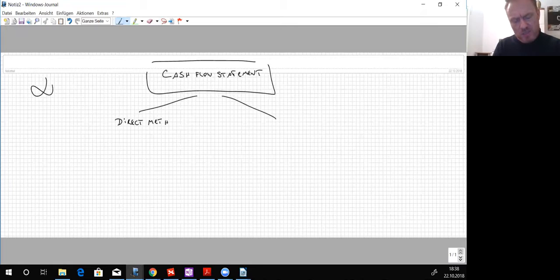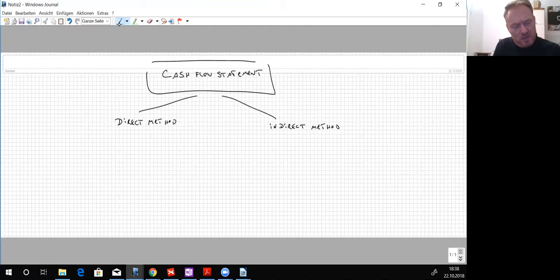And then secondly, you can do it via an indirect method. Both are true, and I don't know which one is easier. It depends on the question, of course. It depends on the numbers given.